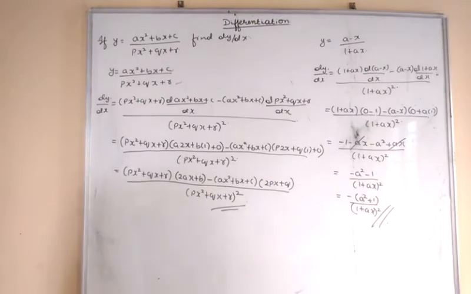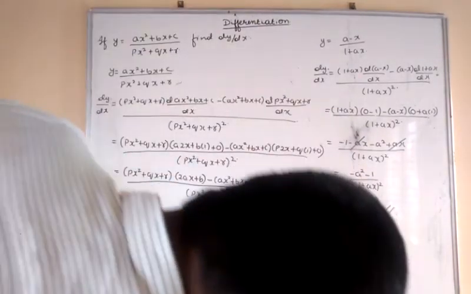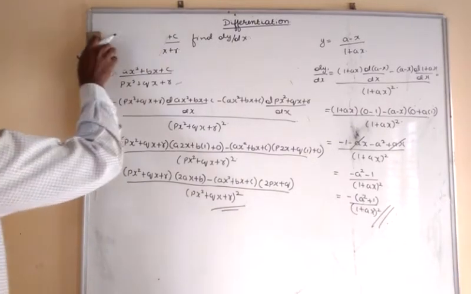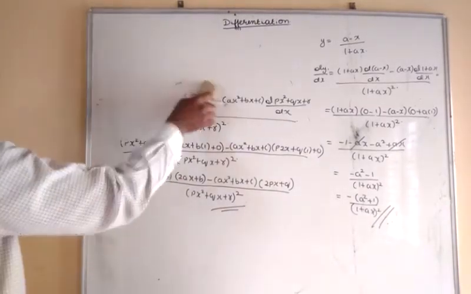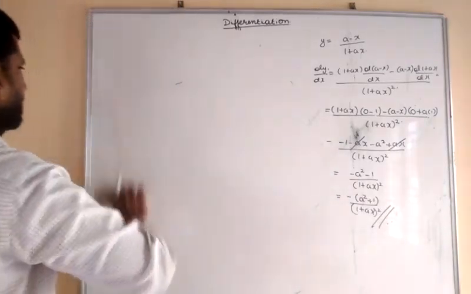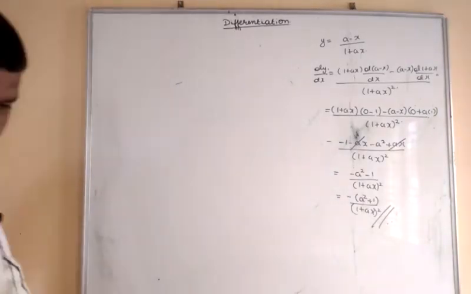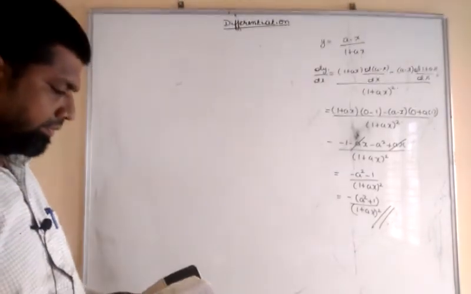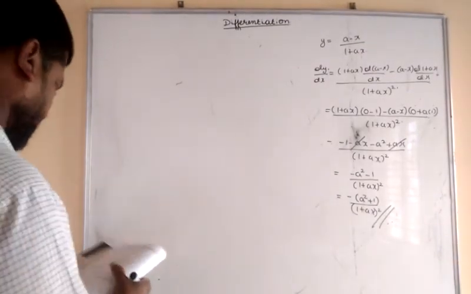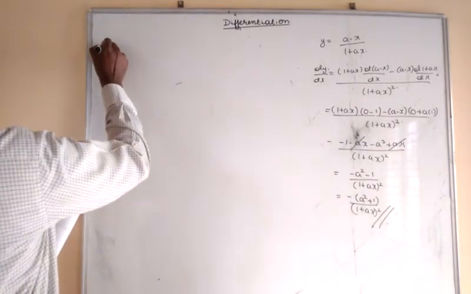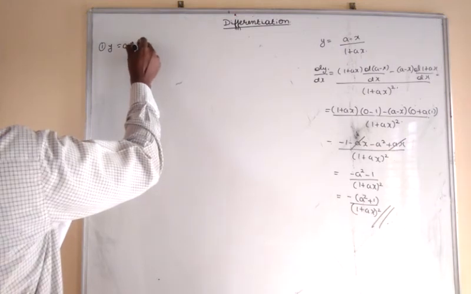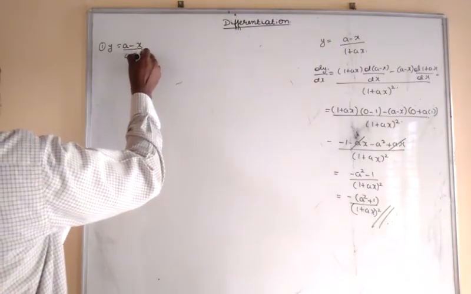Okay, take down the assignment questions. First one, y is equal to (a minus x) by (a plus x).